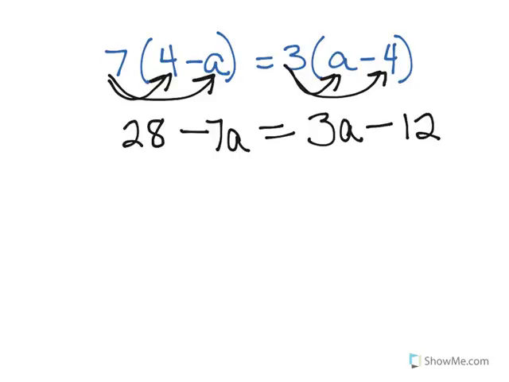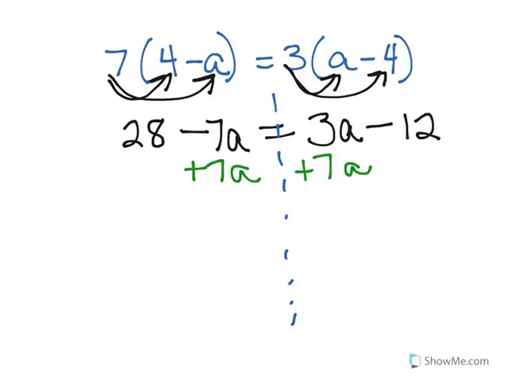So now we can go ahead and draw our fence. And what we do onto one side, we're going to do onto the other. I'm going to move all my variables to one side of the fence and all my constants to the other. Because this has a minus sign in front of the coefficient 7, I'm going to do the opposite, which is to add 7a to both sides.